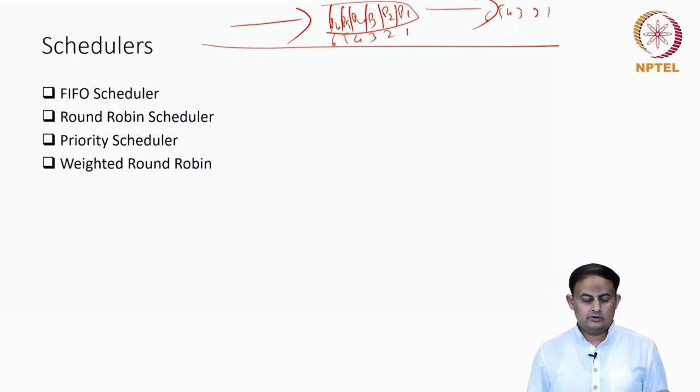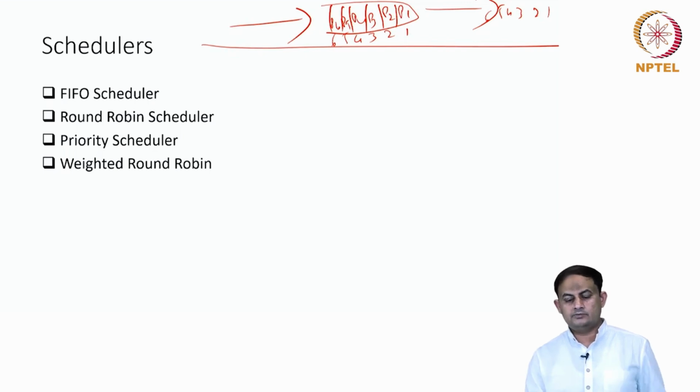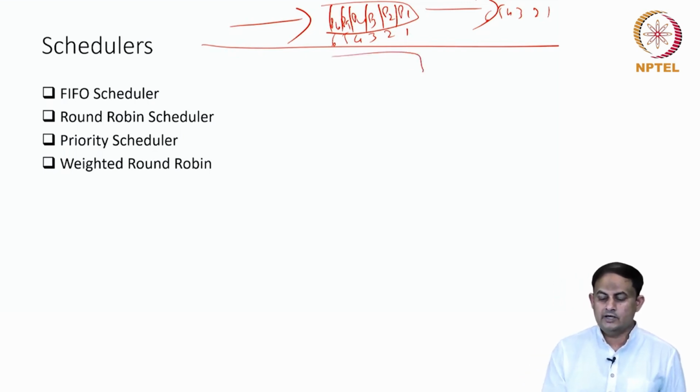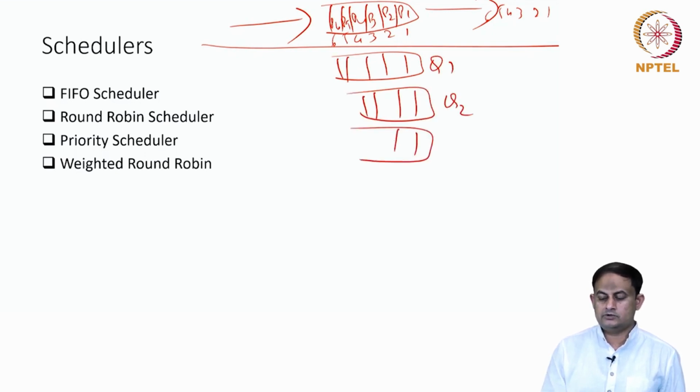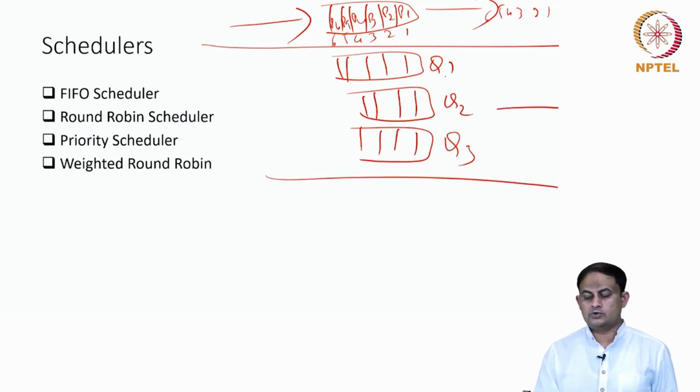If you can recollect our earlier discussion, many routers may have multiple queues. Maybe I might have 3 queues. Let me call those queues Q1, Q2, Q3, and there is an output line.